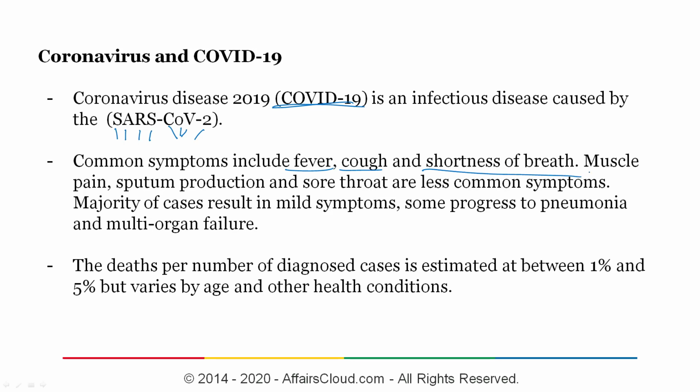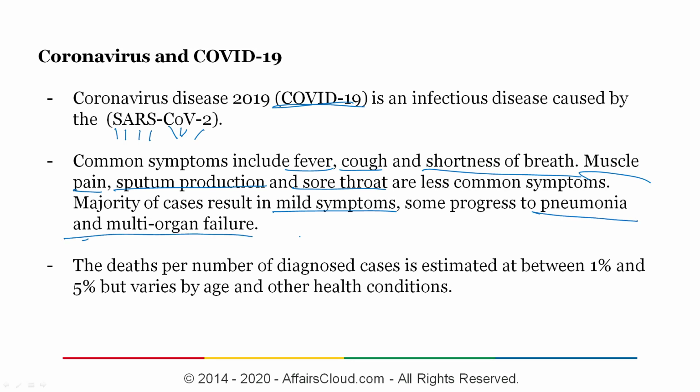The more uncommon and rarer symptoms include muscle pain, sputum production, and sore throat. Now, the majority of infected cases result only in mild symptoms. Some progress to pneumonia and multi-organ failure.